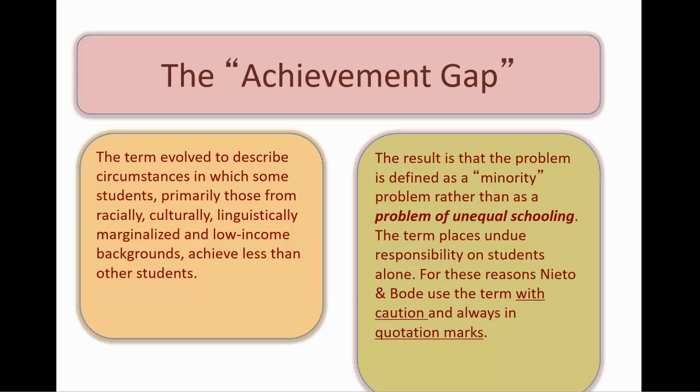And so, for that reason, some people, Nieto and Bode, have done a lot of research on this, and they always put the achievement gap in quotation marks because they want us to think about what that means and what it can mean for our students and their schooling.